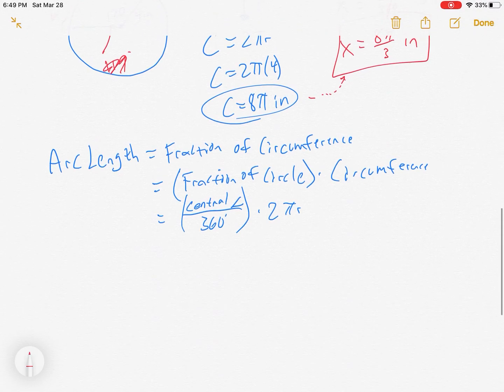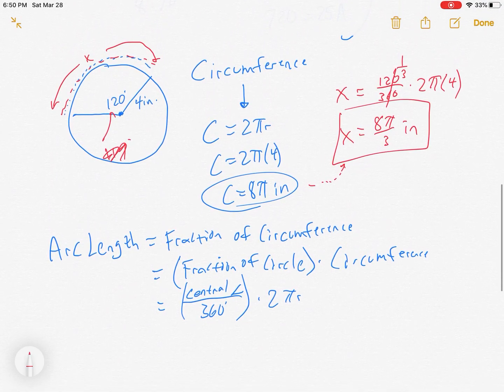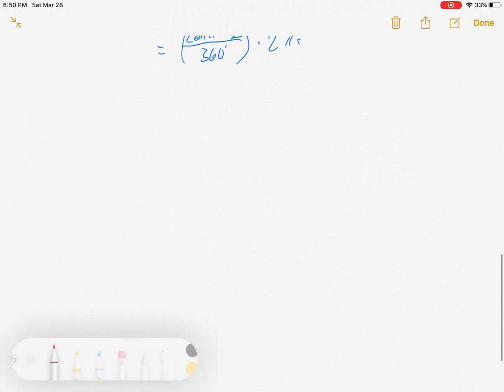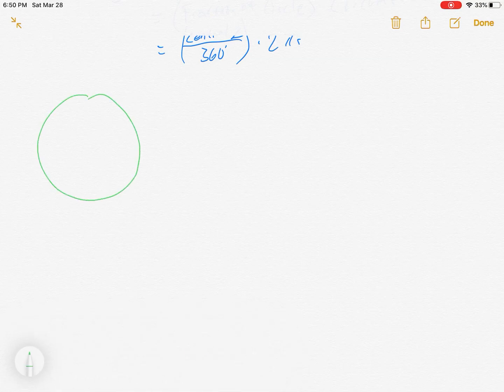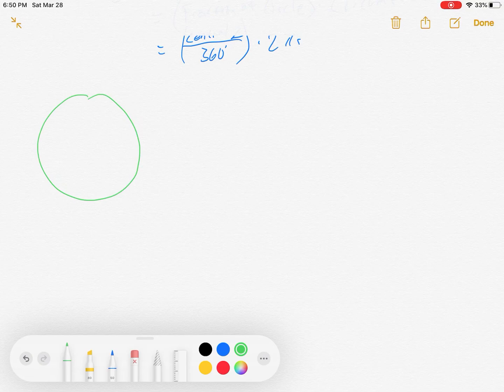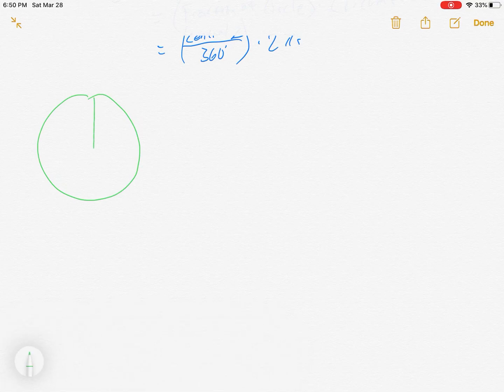That's arc length. And finally, sector area, almost the same thing. You have a circle. And I'll mix it up a little bit this time and make it a different angle. Let's do 45 degrees.